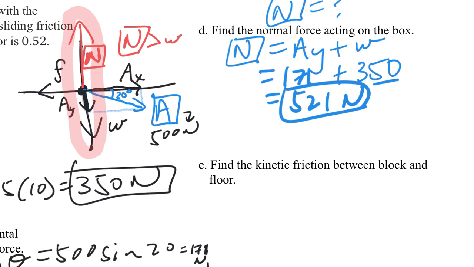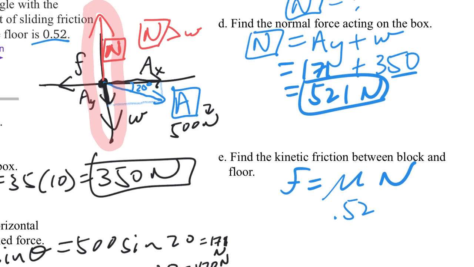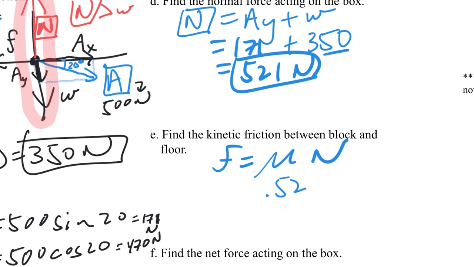Okay, so finally, find friction between block and floor. Okay, well, like we did in the previous problem, F equals mu times N. Mu is given in this problem as 0.52. And normal force is not the weight. It's what I just found it to be. So friction is going to be 0.52 times 521 equals 271.